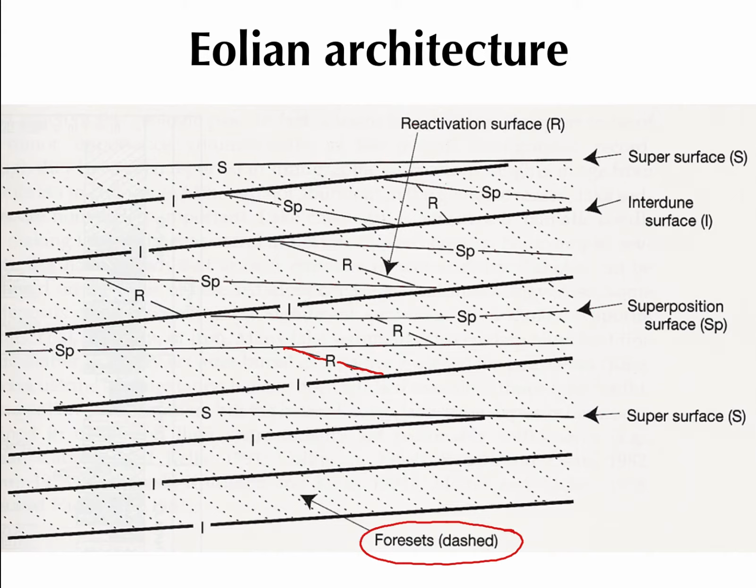One dune set superimposed upon another is recorded by superposition surfaces. Superposition surfaces are either horizontal or dip slightly upwind.